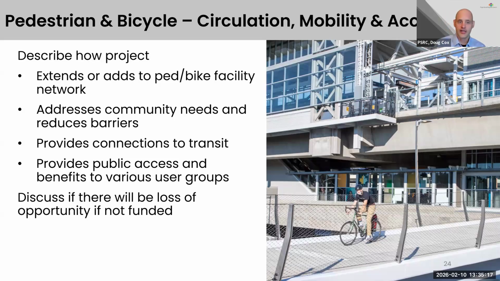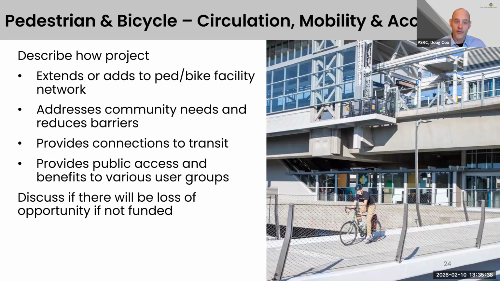And then next we ask how it addresses a specific need that's been identified in the community and how it reduces barriers for people. So for example, maybe your project will enable more types of people to ride bikes by adding a new all ages and abilities facility, or adds an accessible connection that gets around a steep slope, those kinds of things.